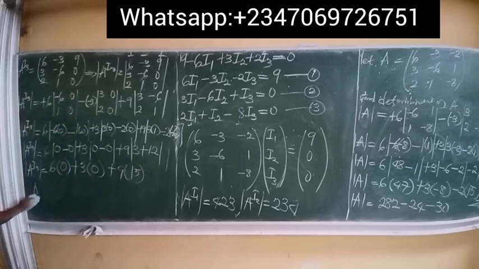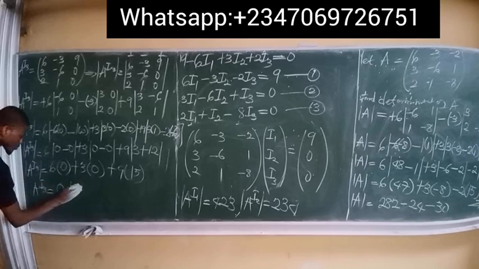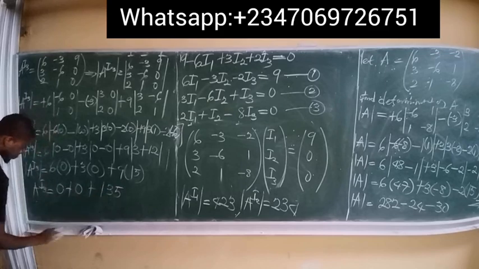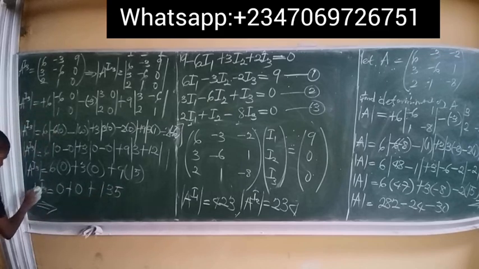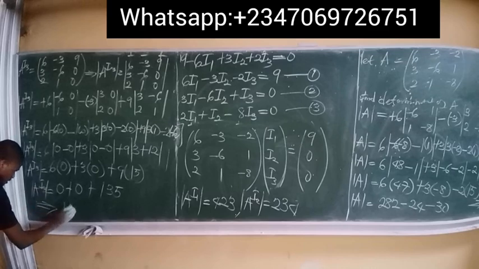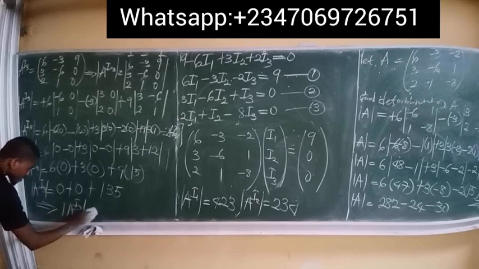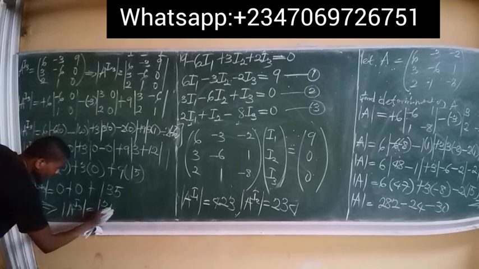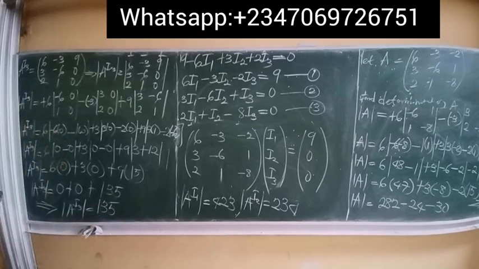So it is 6 times 0 remains 0, plus 3 times 0 also 0, plus 9 times 15 is 135. So this implies that the determinant of delta AI3 is equal to 0 plus 0 plus 135, which is 135. So I have this.